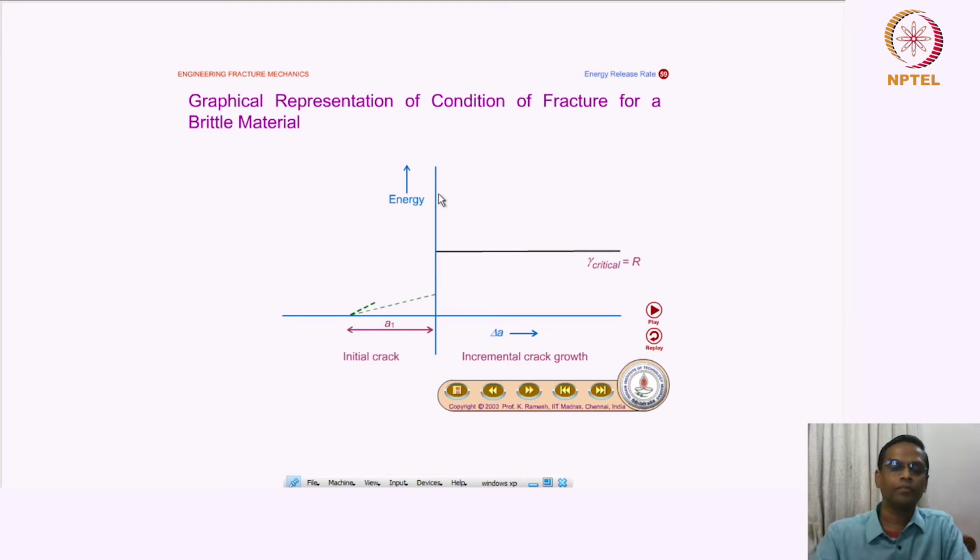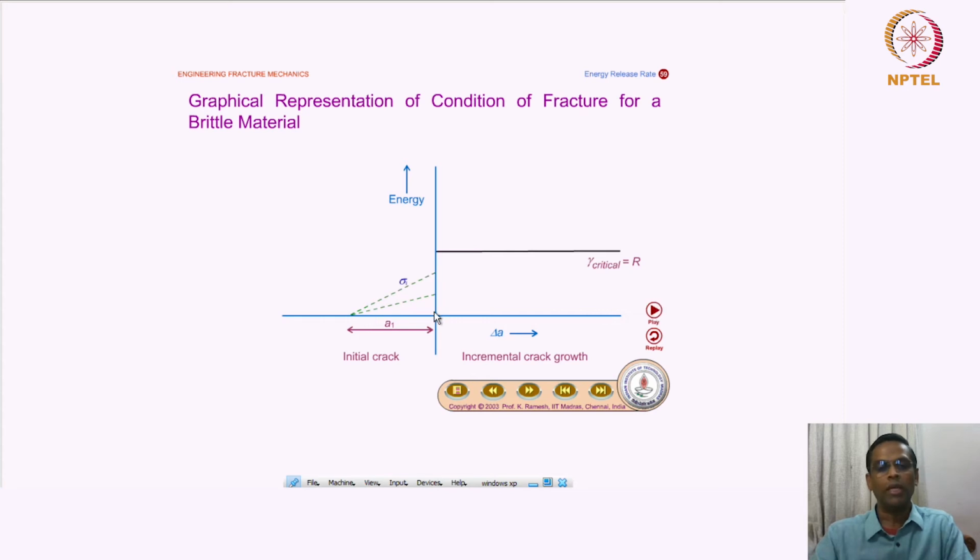Energy is on the y-axis, and this line is gamma critical, which is R, the resistance, which is constant for a given material. You have an initial flaw in the material of length A1, and it tries to grow.